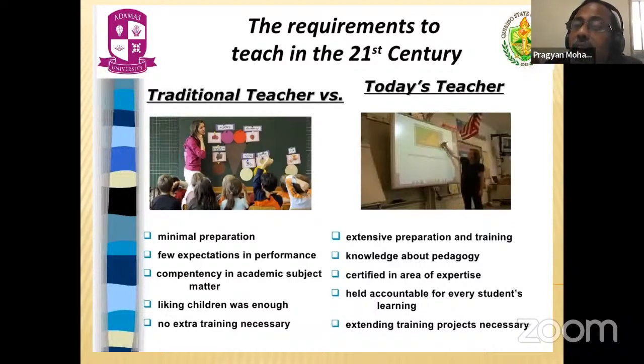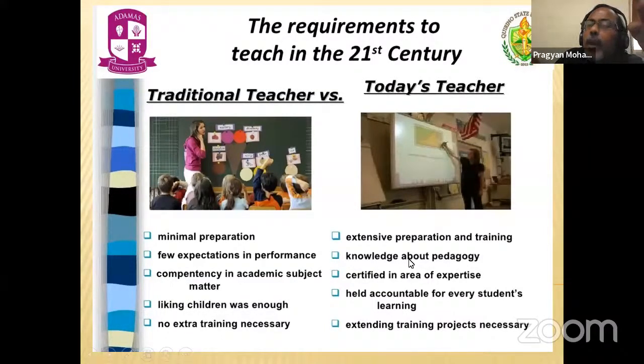So it requires training. Without training, the teacher cannot do the proper planning and preparation for teaching, and automatically the execution will not be effective. So this is the first requirement for today's teacher.